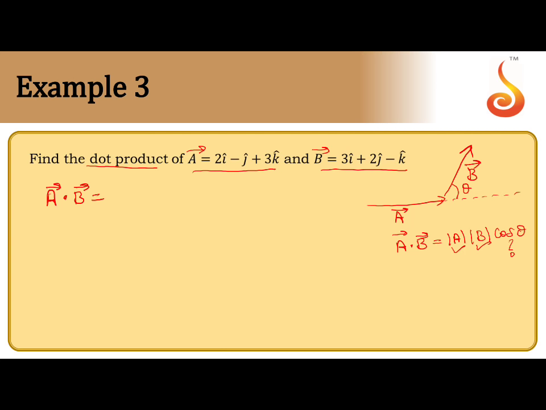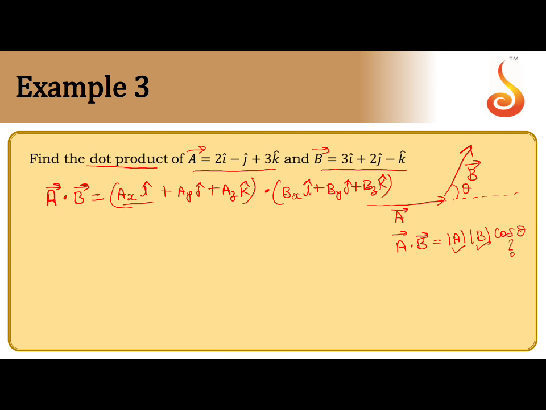Let's say, for example, A dot B is equal to (ax i cap + ay j cap + az k cap) dot (bx i cap + by j cap + bz k cap).